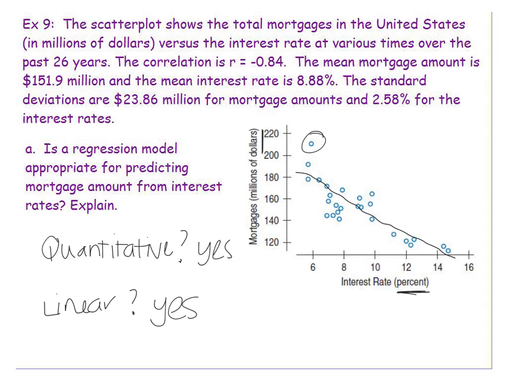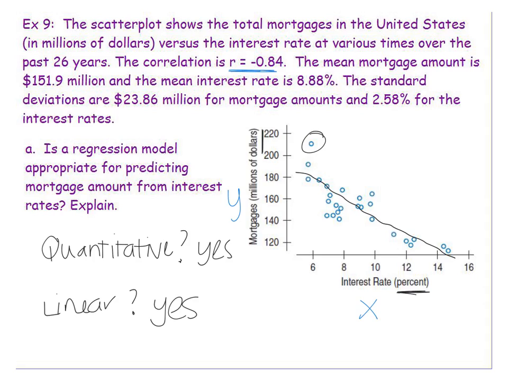Now, before we skip to the next slide, I'm going to make life easy and label some things. We know, just by looking at what we've done so far, that interest rates are x and mortgages are y. I want to label all of my data values with the important numbers that I need. We know the correlation that was given to us. That's right here, and it's labeled r already.